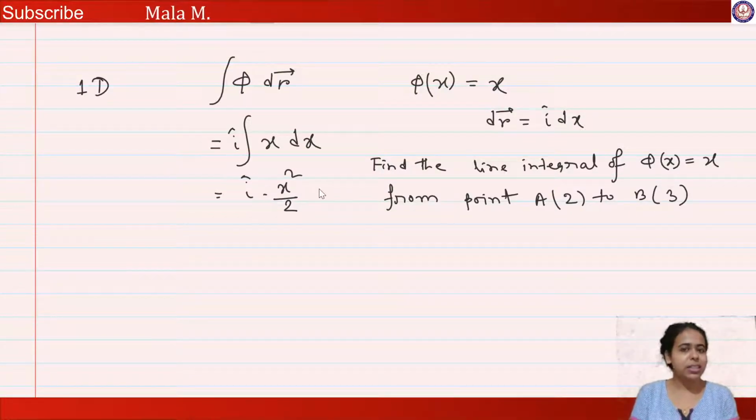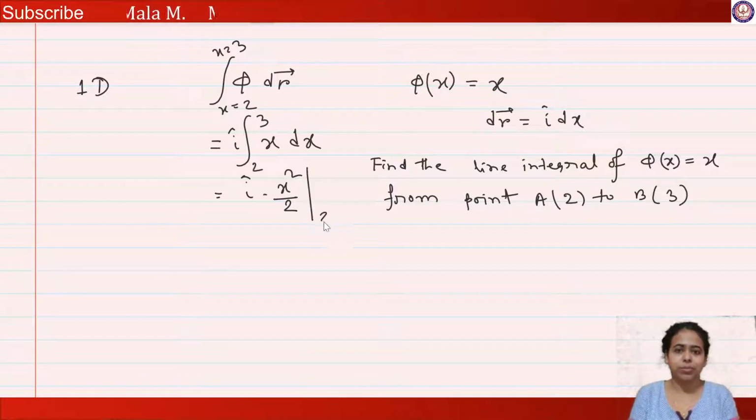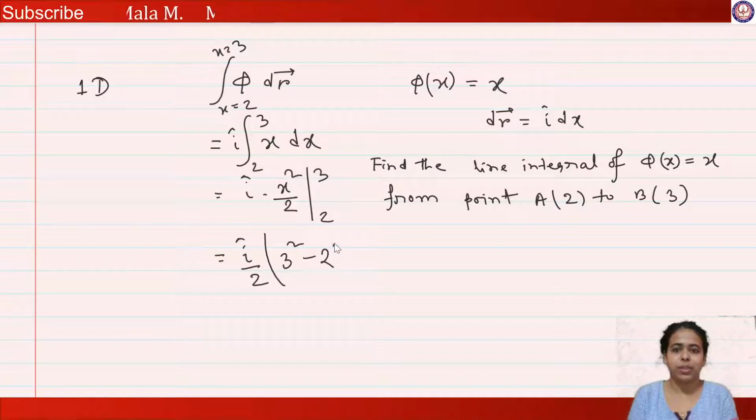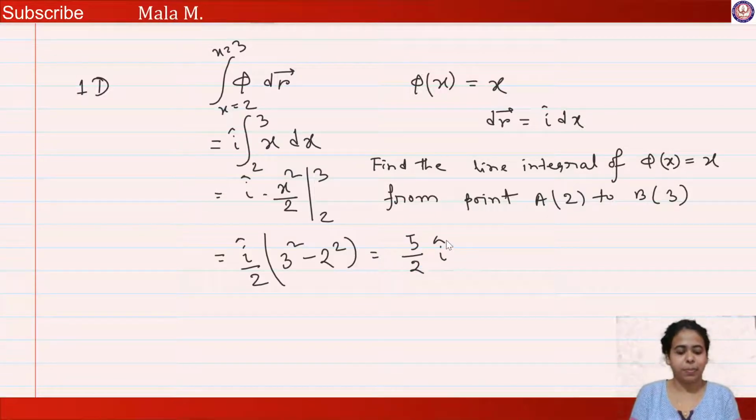If the initial and final points are given, say from 2 to 3, it will be nothing but i cap into (3 squared minus 2 squared) by 2, which is 5 by 2 i cap.